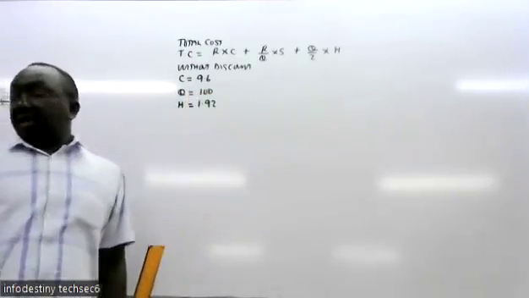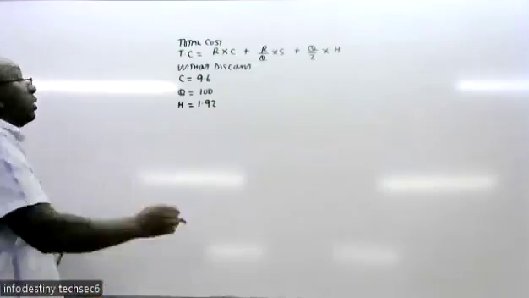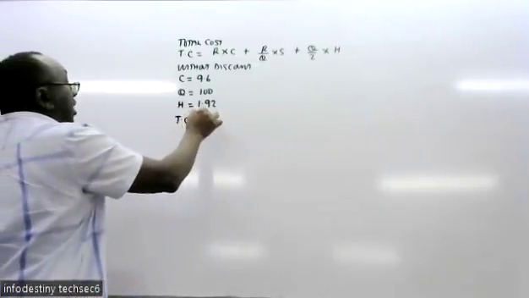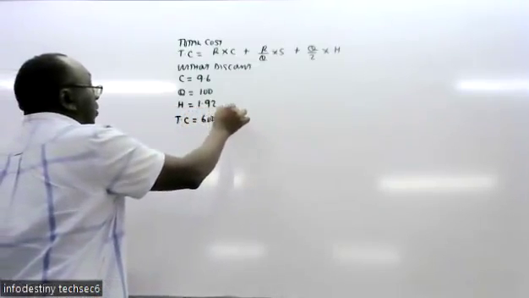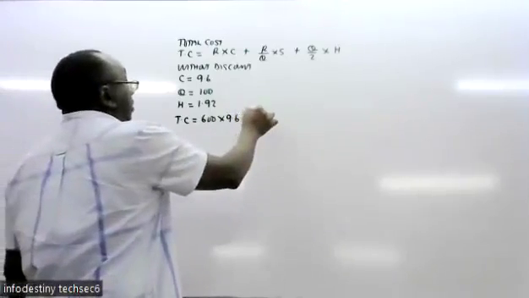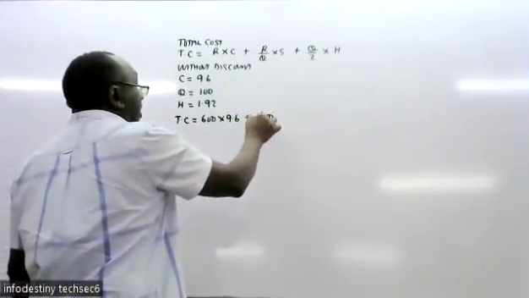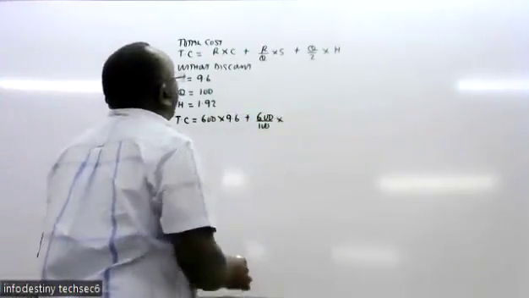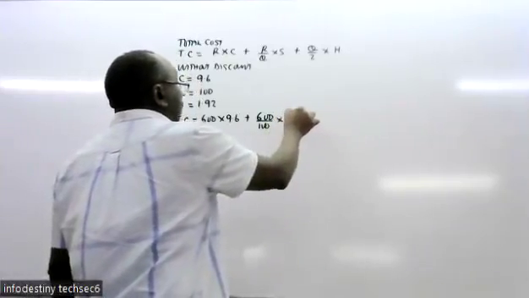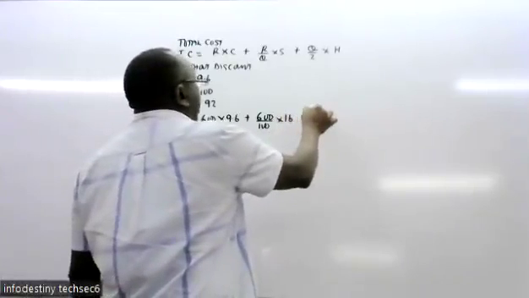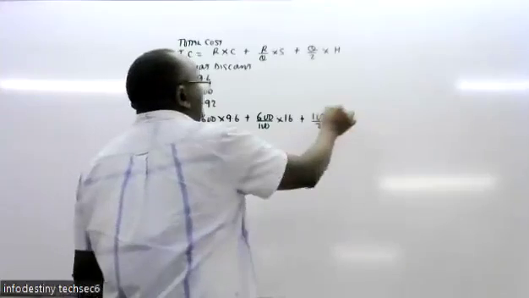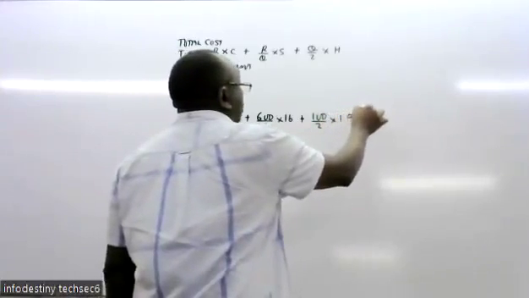Those are the items that normally change when there is a discount. So total costs will then be 600 multiplied by 9.6 plus 600 divided by 100 multiplied by S, S we had gotten 16, plus 100 divided by 2 multiplied by 1.92.